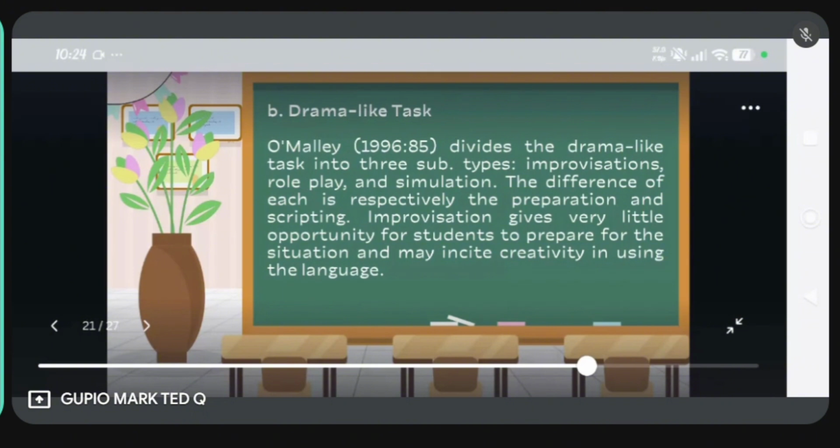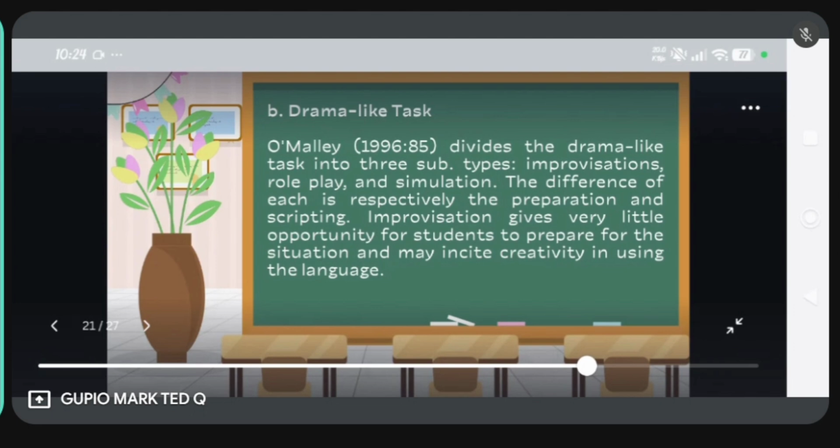Task-based activities like group projects or problem-solving tasks also require cooperation and shared participation. There are also three subtypes: improvisations, role playing, and simulation. So that is one example of drama and task-based activities.